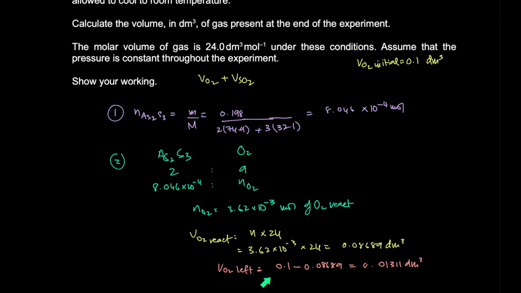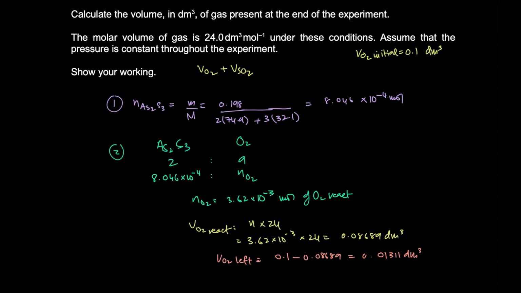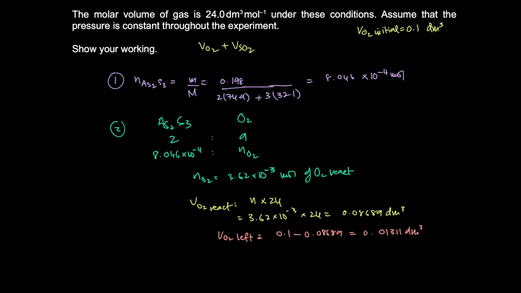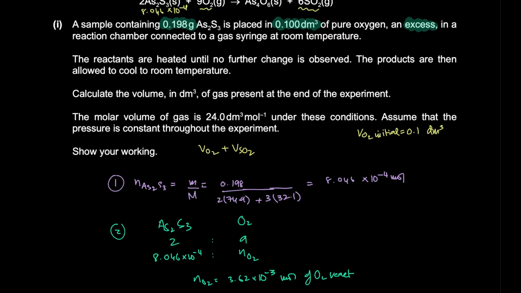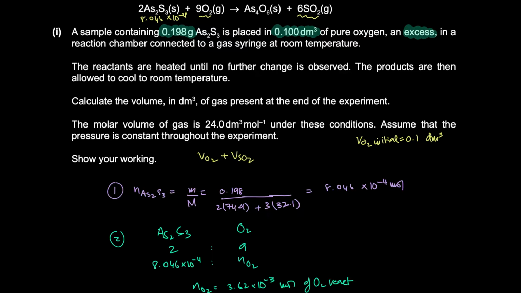So that's the volume of oxygen that we have left over, right? We can also find now the volume of sulfur dioxide that was produced. We can compare the volume ratios directly for gases. Do you guys remember that for gases, the molar ratios are the same as the volume ratios?